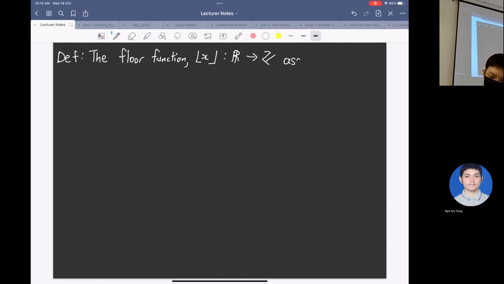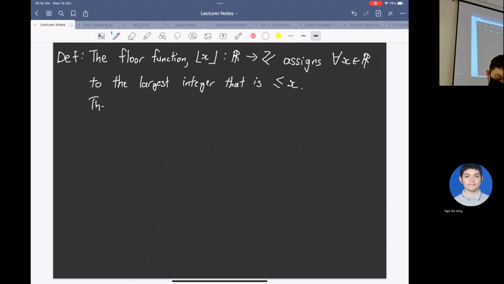It assigns every real number x to the largest integer that is less than or equal to x.